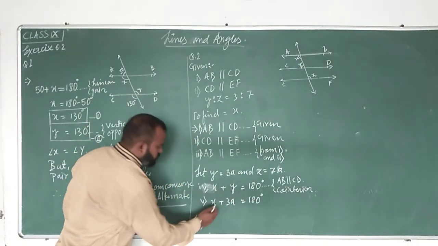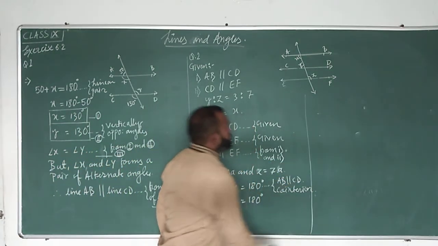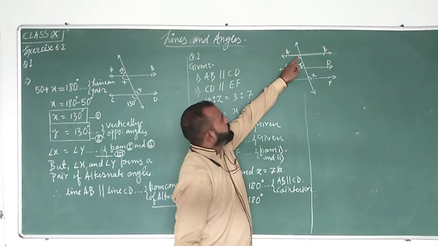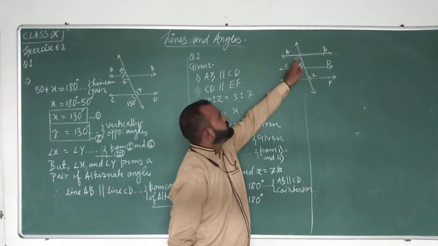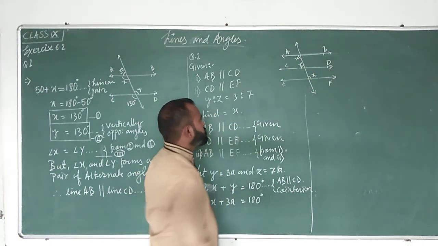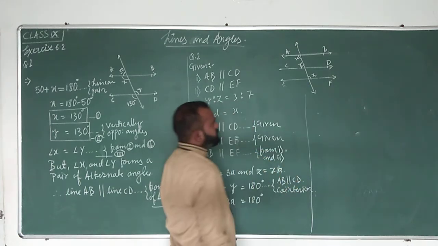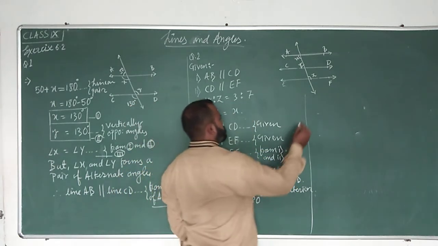Okay, so let us proceed now. What can we write about x and z? Yes, they form alternate angles.